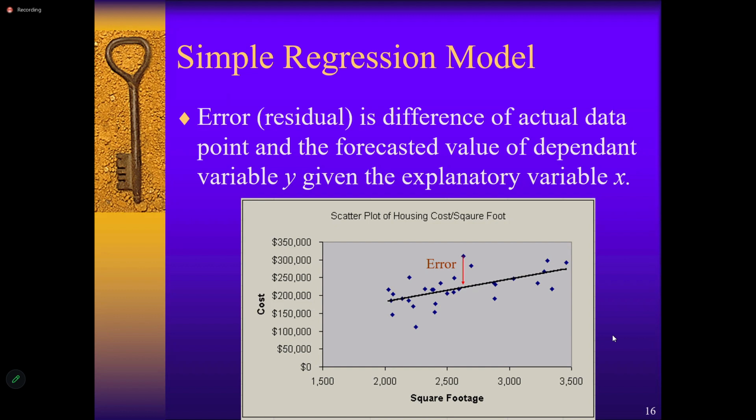As you can see here, there's a trend line. This is basically the regression equation that graphs the possible forecasted or predicted value of your x towards y. However, your data set there is the actual value.